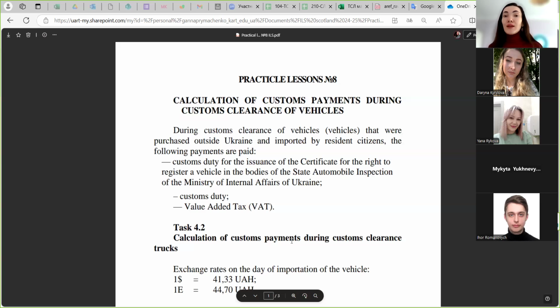So it is the same payment, and we calculate it for different types of vehicles today. So please write the terms of our task 4.2, and after it we write only our calculations.